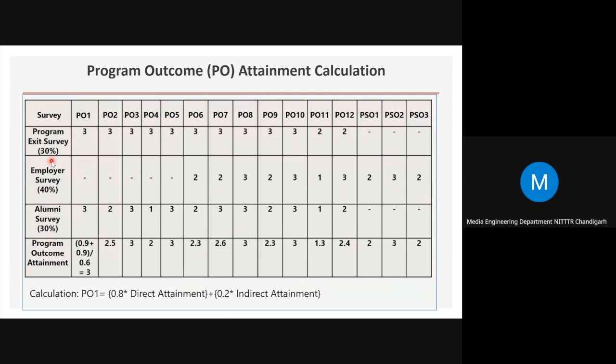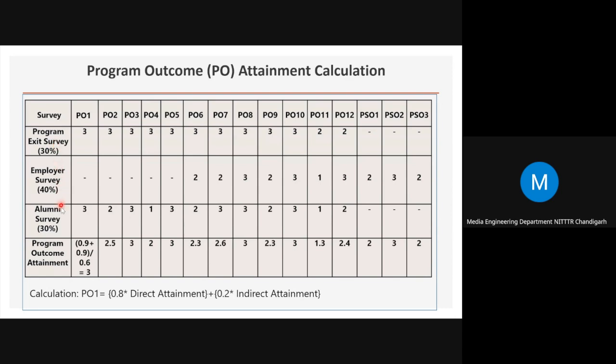Once we have these weightages in place, the calculation is the same: 3 into 30% plus, this is not mapped with the 40% part, so plus 3 into again 30%. So 3 into 30% is 0.9, and this 3 into 30% is again 0.9. So 0.9 plus 0.9 divided by, now you can see PO1 has been mapped only to the program exit survey, which is 30%, and the alumni survey, which is again 30%.